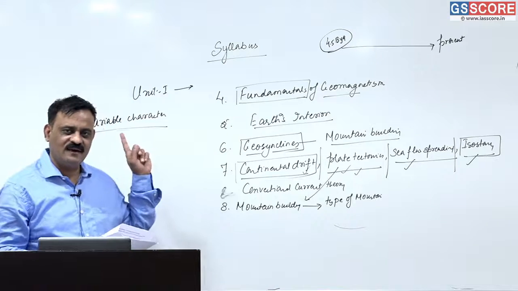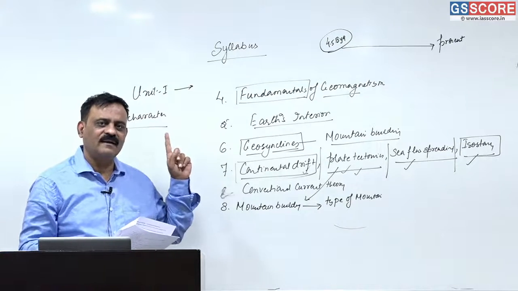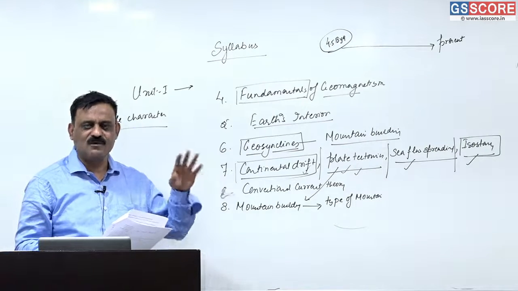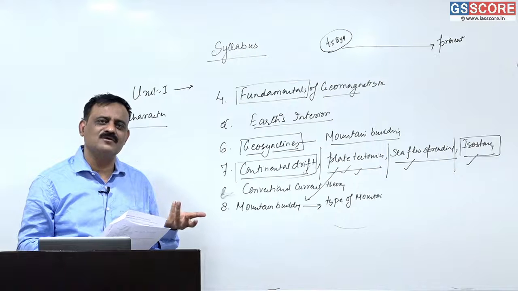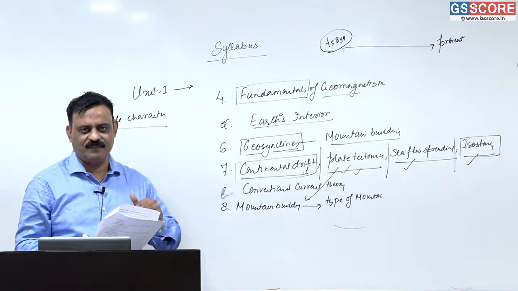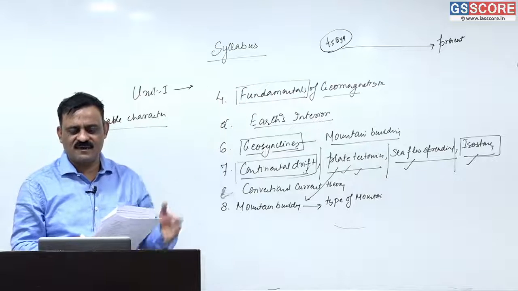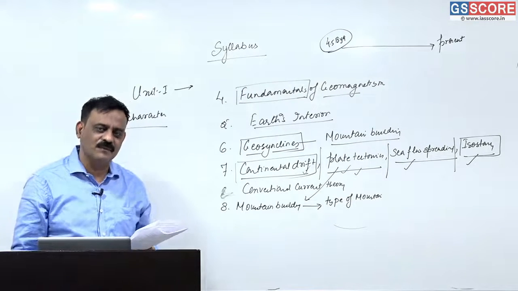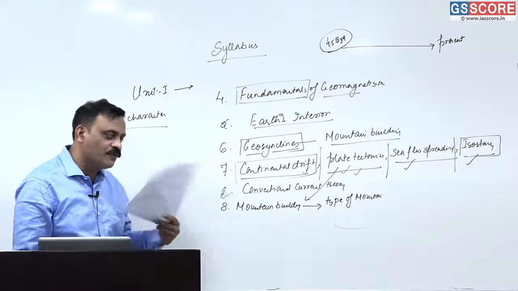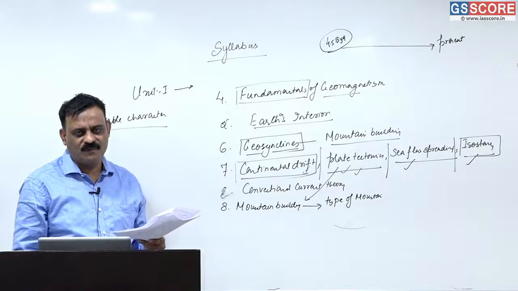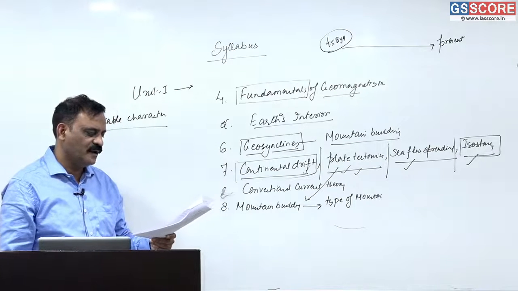So as we have seen in the very first topic, landforms are the product of structure, process and time. So every mountain can also be seen as a product of structure, process and time. Okay, so different places over the globe will show a different character of the mountain, and the underlying forces responsible for mountain building we are going to study in this particular topic.